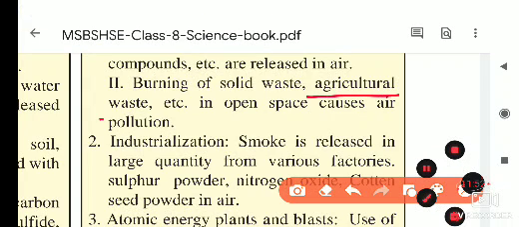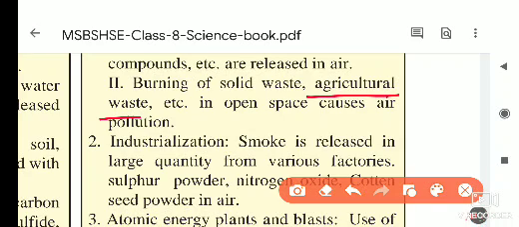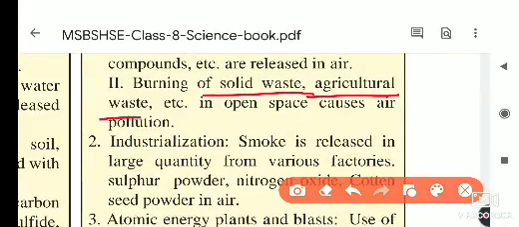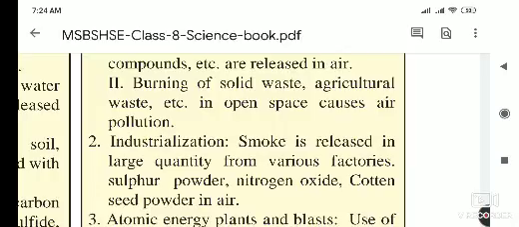So this is agriculture waste we are burning. Solid waste, sometimes there are plastics and thermocol. If it is in an excessive quantity, we burn it, and because of it a number of hazardous gases are emitted into the environment, and it causes air pollution.